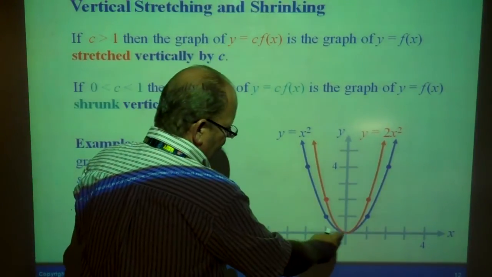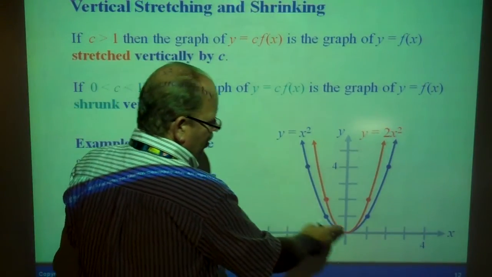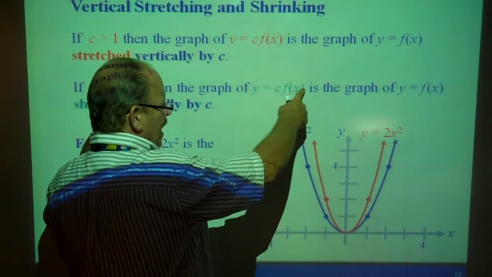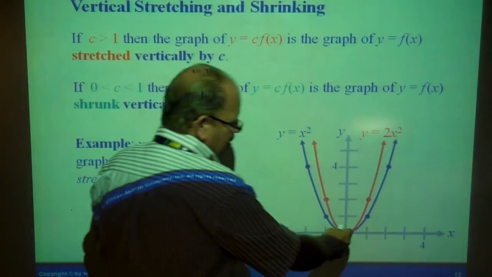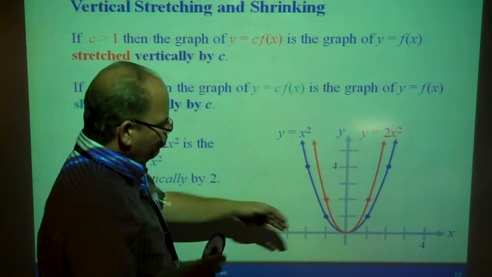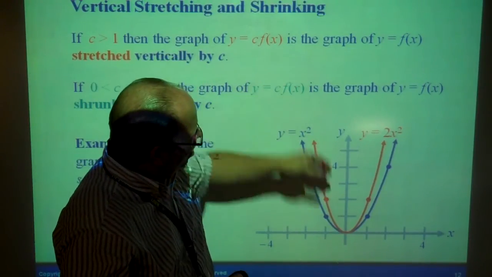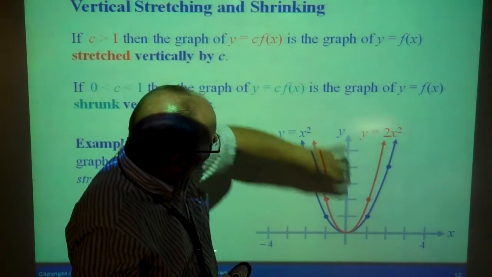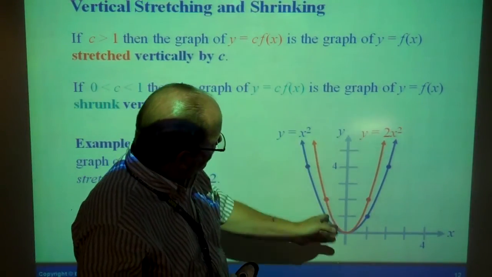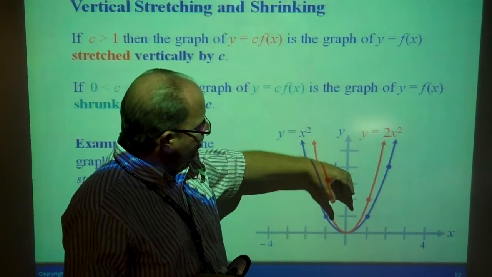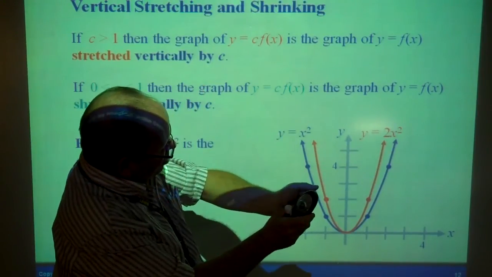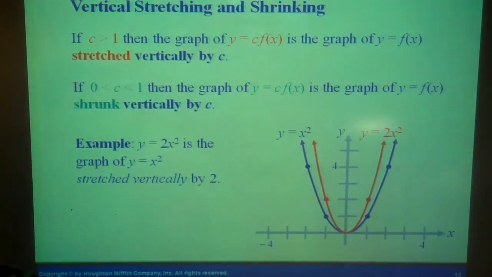So instead of having 2 comma 4, you have 2 comma 8, because you're doubling it. So it's going up much quicker. It's increasing at a much rapider rate. And so it's going to be narrower, and it's going to look like we actually took it and stretched it.